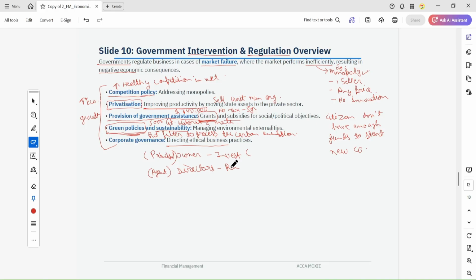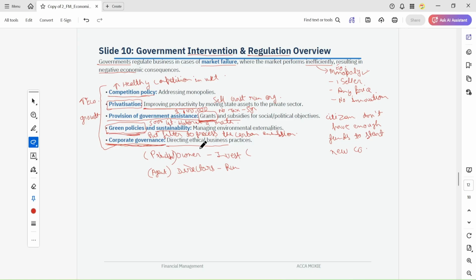This is one example of the agent, the directors, working in their own interest rather than the benefit of the owners. So when this happens, the government has to make corporate governance.